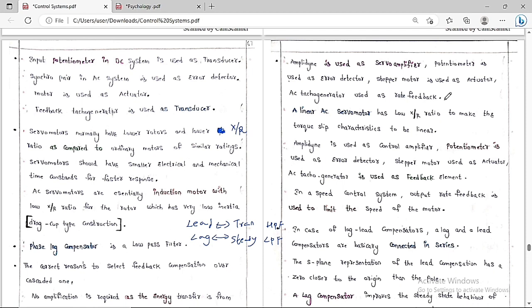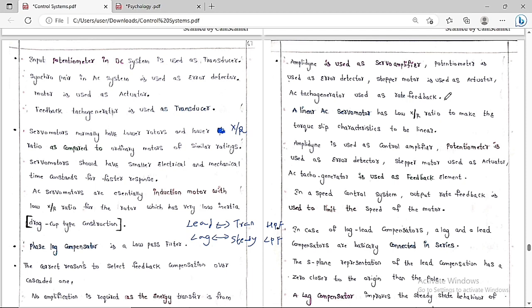So for a given specific application, amplidyne is basically used as the servo amplifier, whereas the potentiometer is used as the error detector, whereas the stepper motor is used as the actuator, whereas the AC tacho generator is used as the rate feedback.